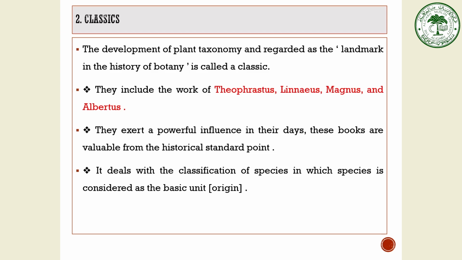The work of all these main scientists who contributed to the development of plant science and our understanding of the history of botany are termed classics, and they exerted a powerful influence in their days. These books are valuable from the historical standpoint, and they deal with the classification of species, in which the species is considered the basic unit of origin.